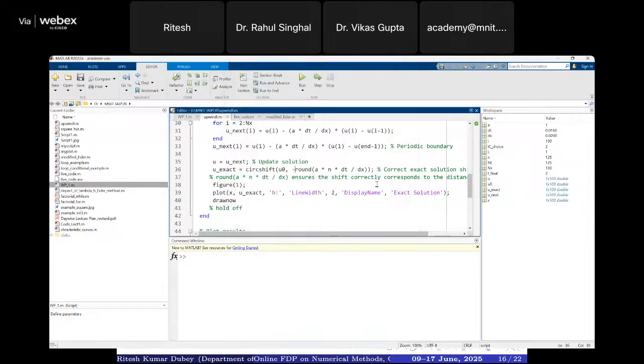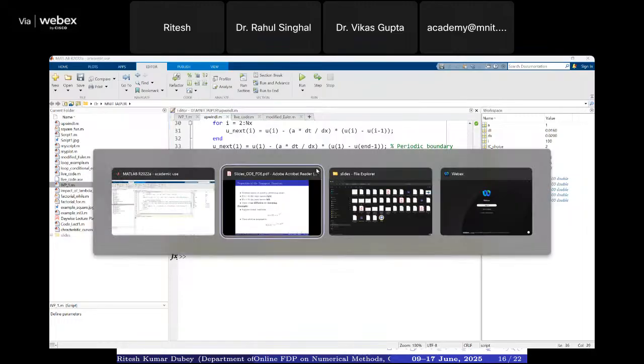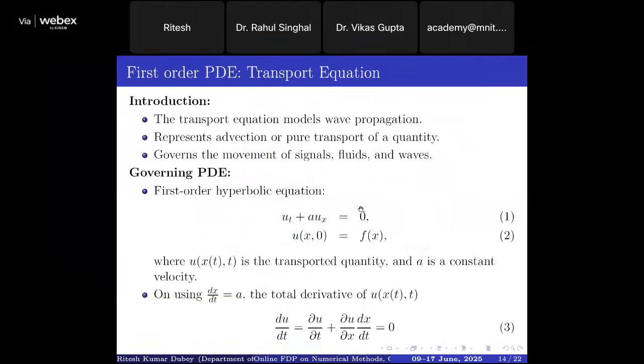So this is actually a pure transport equation, which we are going to discuss numerically. If we take the total derivative of u, and consider dx by dt equal to a, in order to find the solution of this equation, we get equation number 3.